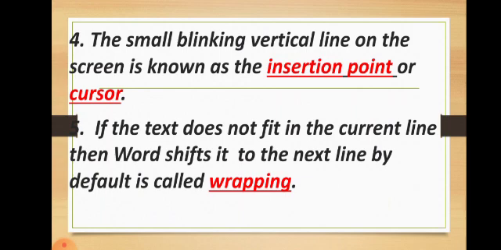Okay. Now next one, the fifth one: if the text does not fit in the current line, then Word shifts it to the next line by default, which is called wrapping. This could come in one word also. If the text does not fit in the current line, then what happens? Word shifts it to the next line automatically. It is by default. So what is it called? It is called wrapping.